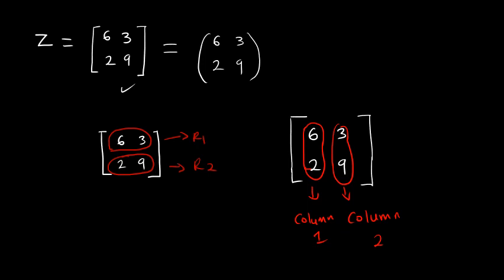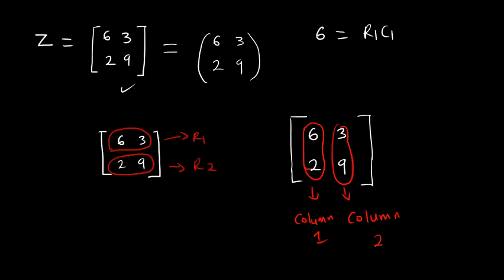We can look at the elements of this matrix and tell where they are in this matrix. For the element 6, I can see that in the matrix it is on the first row, row 1, and on the first column. So that's row 1, column 1.